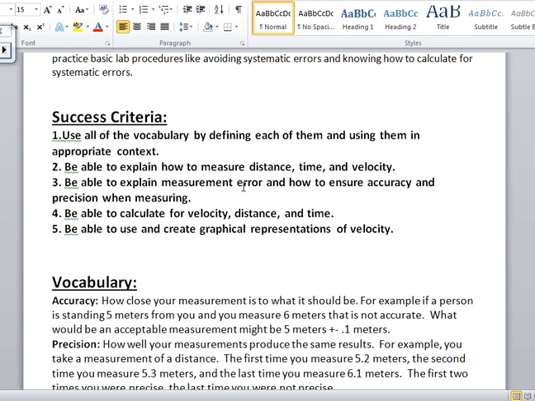So the next one would be being able to explain how to do a task, and in this case it's being able to explain how to measure distance, time, and velocity. The next one, be able to explain measurement error and how to ensure accuracy and precision when measuring.